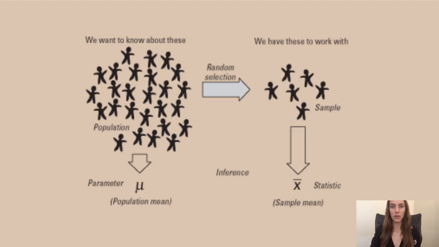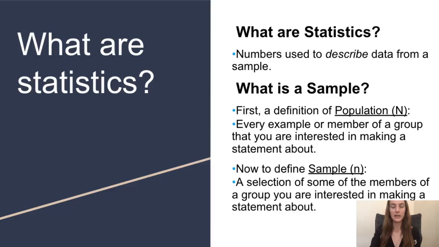Let me point out one more thing on the previous slide. You'll notice a capital N next to population and a lowercase n next to sample. We won't be doing any math with these values for a little bit, but we should start to get familiar with how we symbolize these things in statistics. So we have a big N and a little n here.